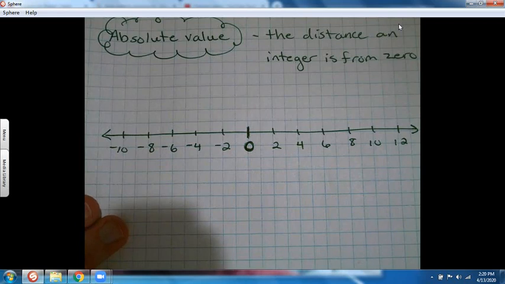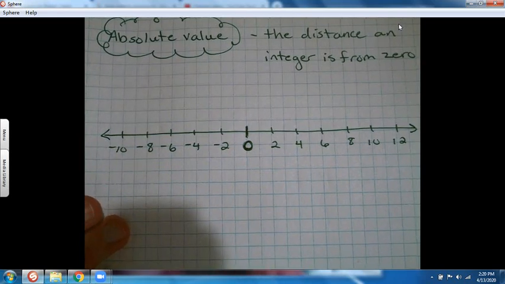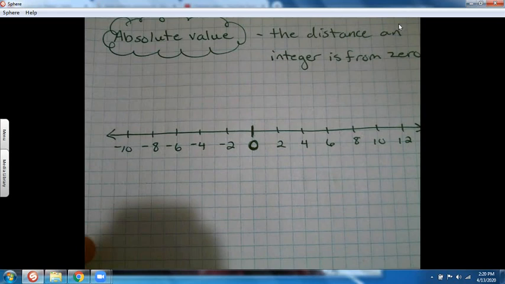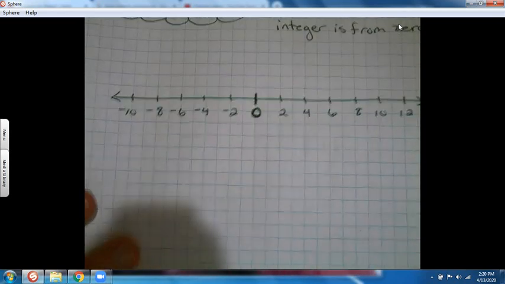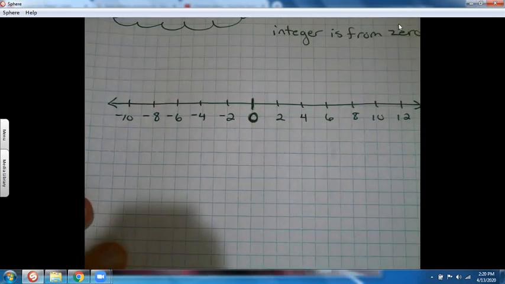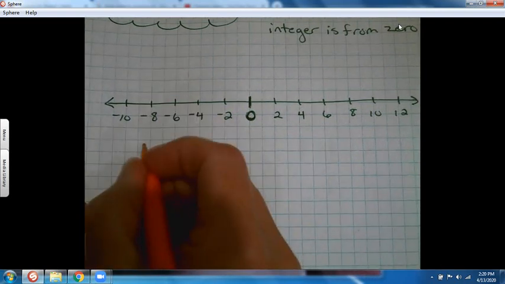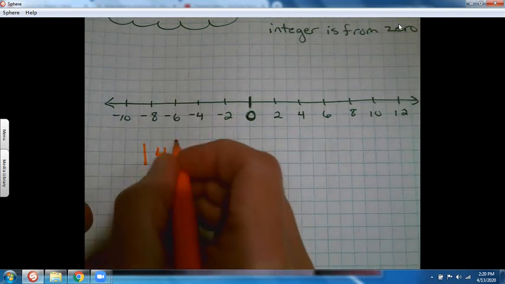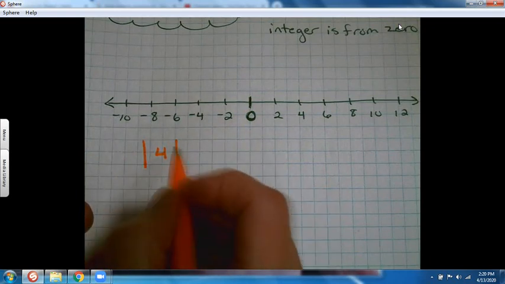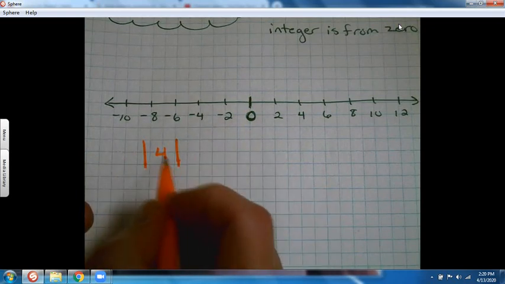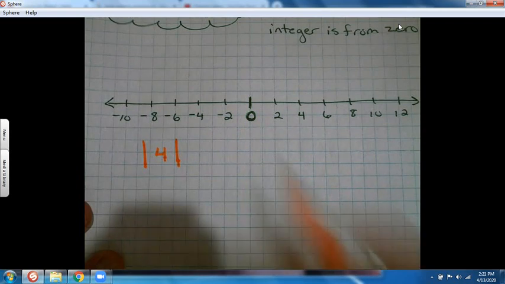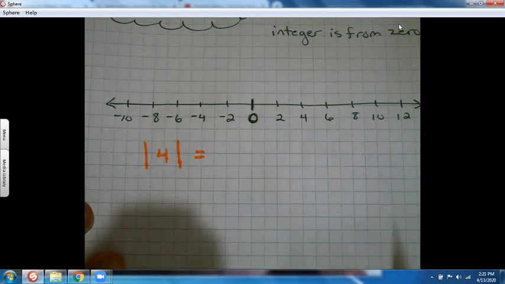So let's say I want to find the absolute value. Now, absolute value is shown with 2 long lines. It's kind of like 2 parentheses that have been straightened. So the absolute value of 4, written like that with 2 straight lines, equals, well, here's 4.